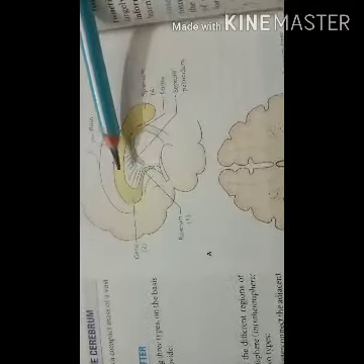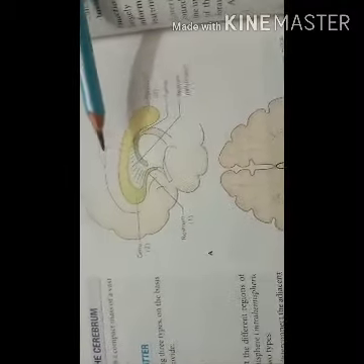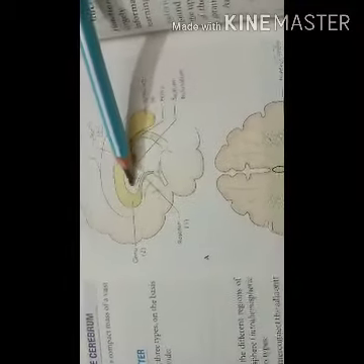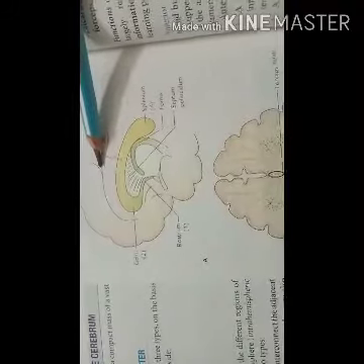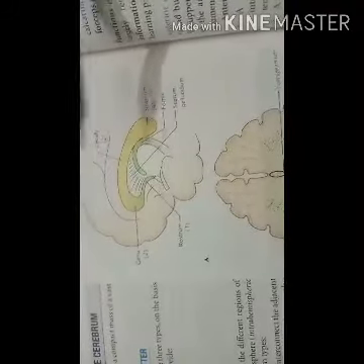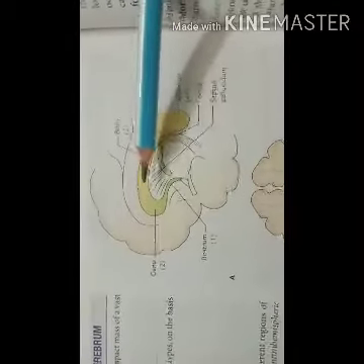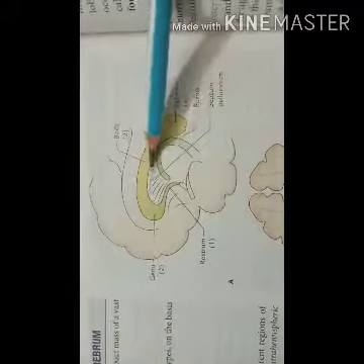Then the lower border is related with the falx cerebri. The inferior surface is concave and goes from before backwards. It provides attachment to the septum pellucidum.